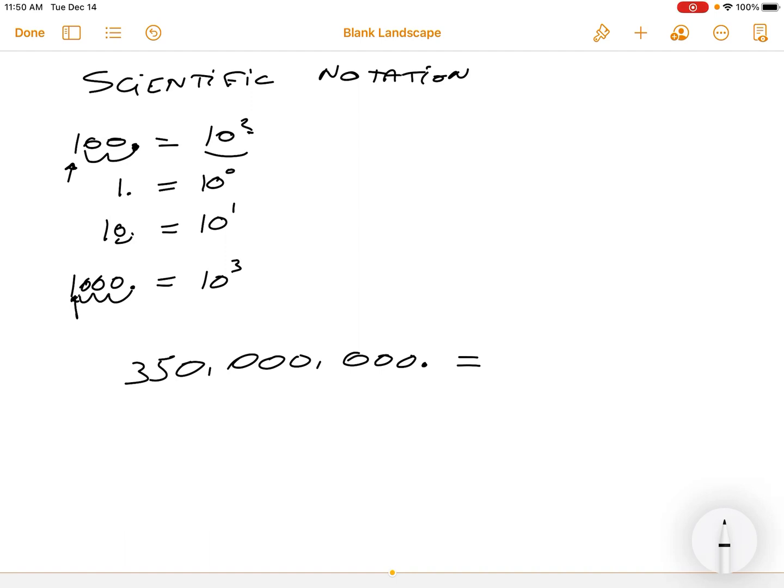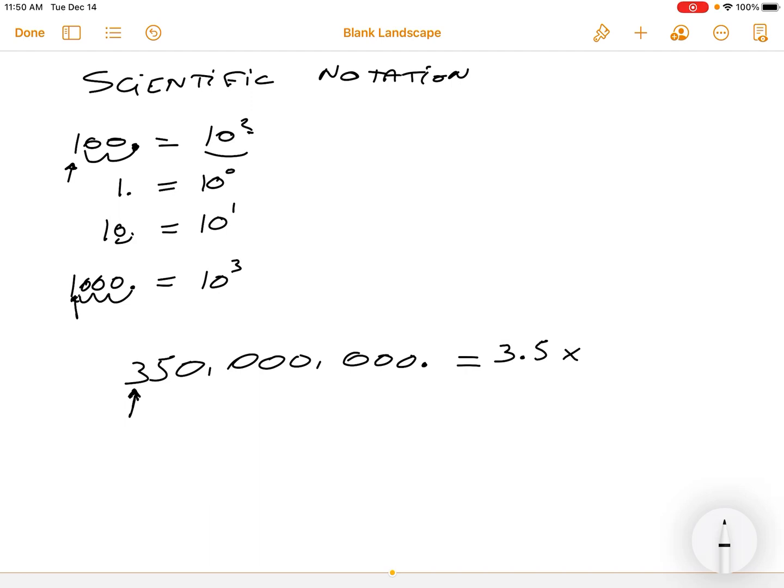The classical way to do that is to keep only one digit before the decimal. You usually take the first digit that is not 0, the first digit that the number starts with. So your scientific notation will become 3.5.